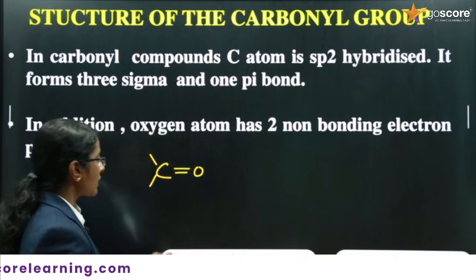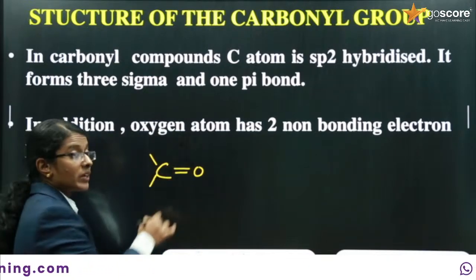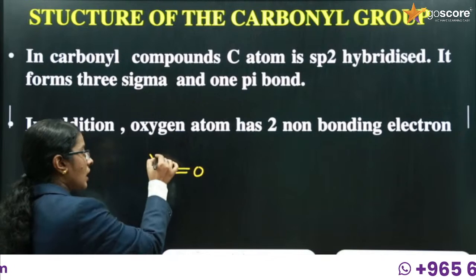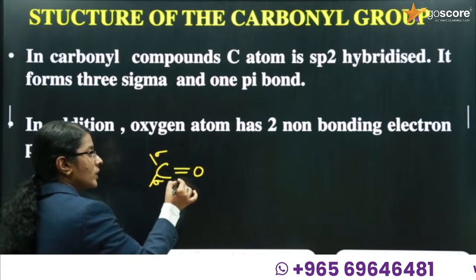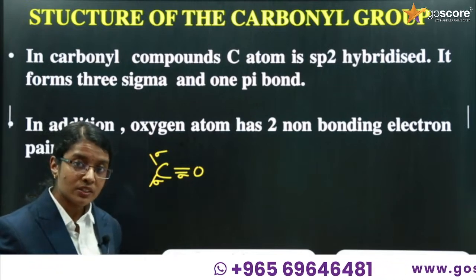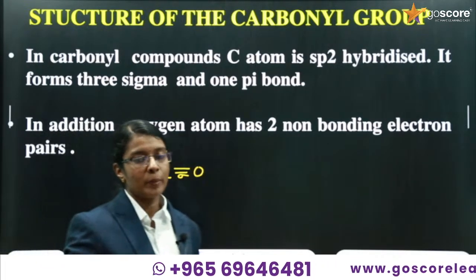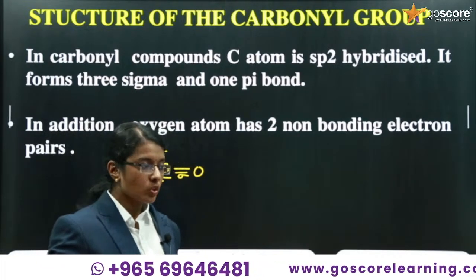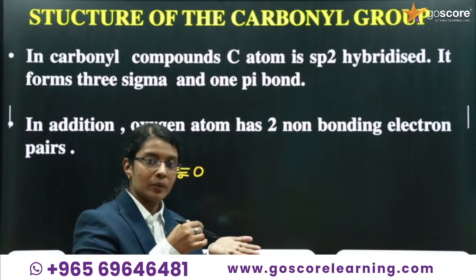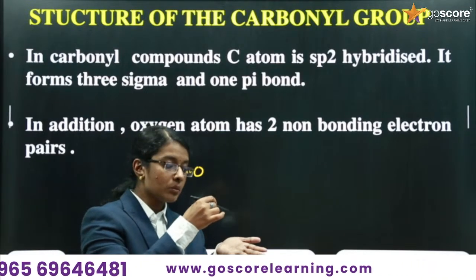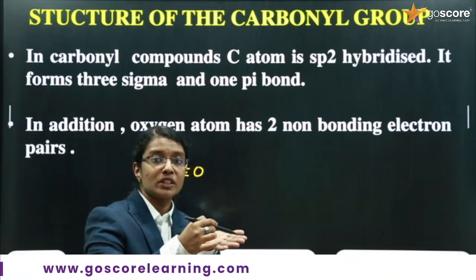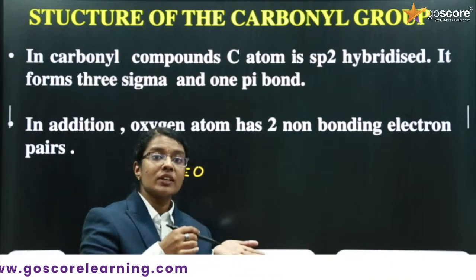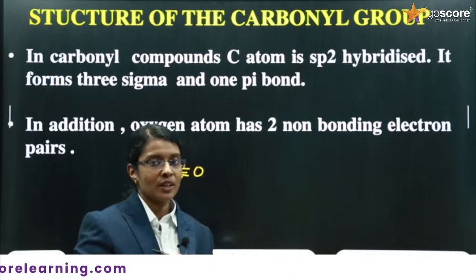Here the carbon has 3 sigma bonds, one to each of two atoms and one to the oxygen, and 1 pi bond. So all lie in the same plane.